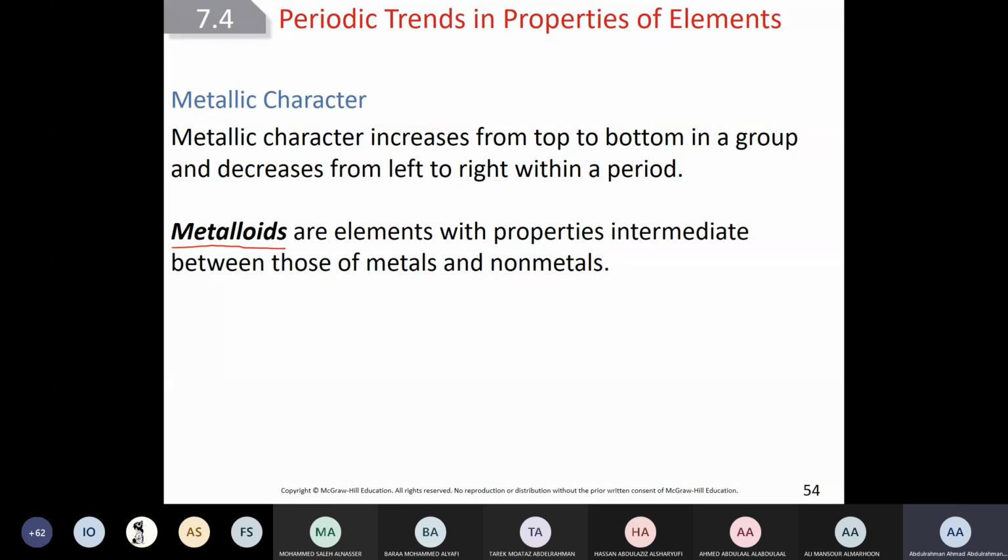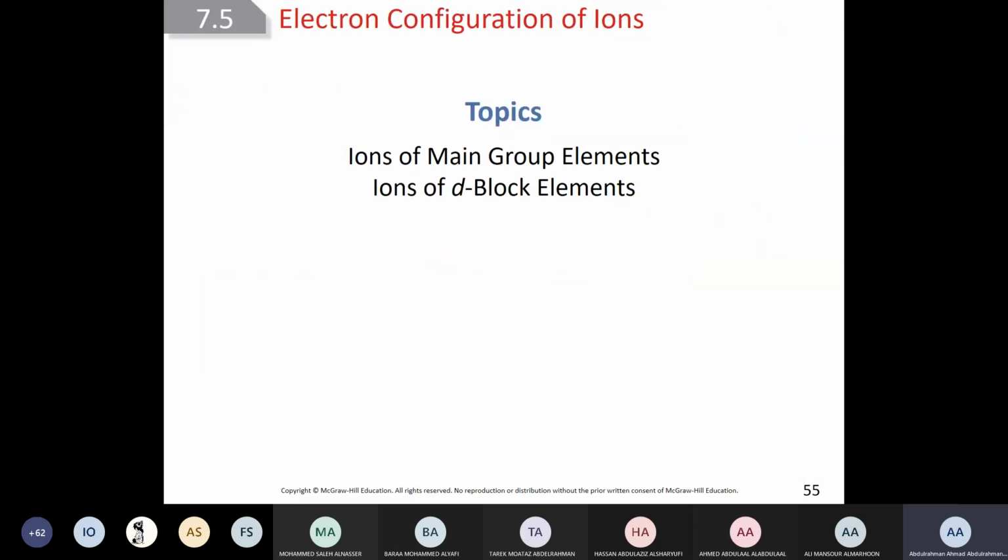Metalloids. What are the properties of the metalloids? Weak conductors of electricity. Intermediate. In between the metals and the non-metals. Good.